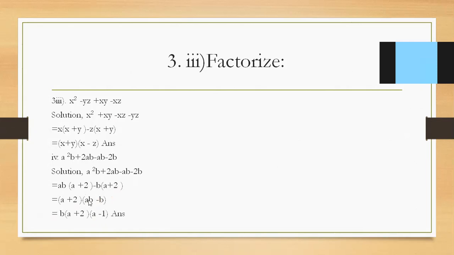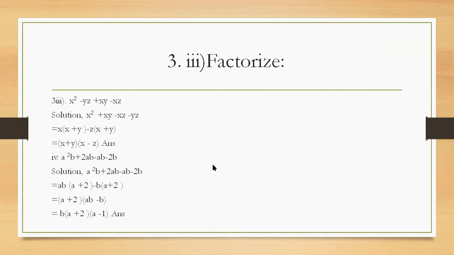Now we have to take B common here. It is A plus 2. Here is remaining A minus 1. These are our 3 factors. One factor is B, another factor is A plus 2, another factor is A minus 1. Ankit Mahajan, are you clear about this question? Hello, are you clear? Yes, sir. Very good.